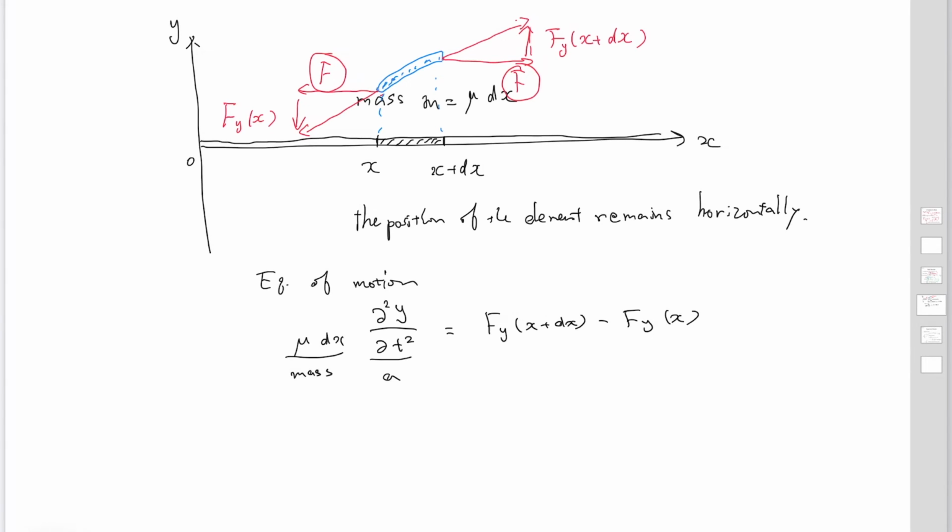The difference. One end is pulling in the upward direction, and the other end, the acting force is directed toward the downward direction. Then this part is the net force. Then you can write these equations. So you can apply the Taylor series expansion. It becomes the partial derivative of F sub y with respect to x, times dx.